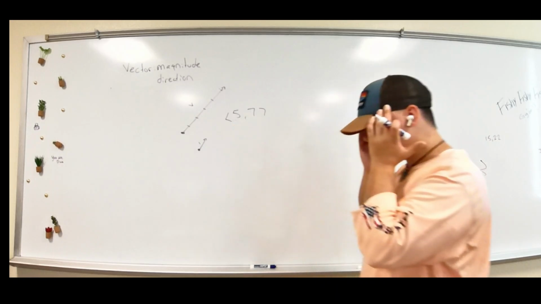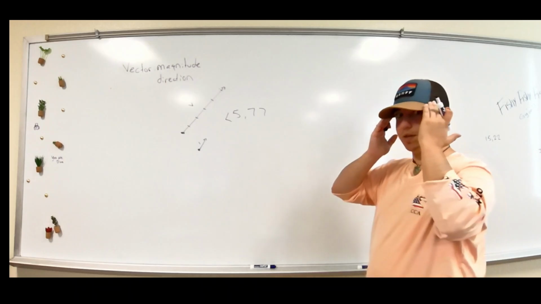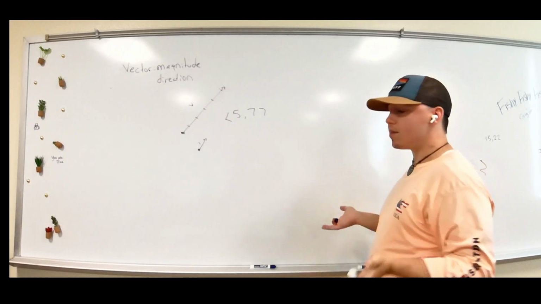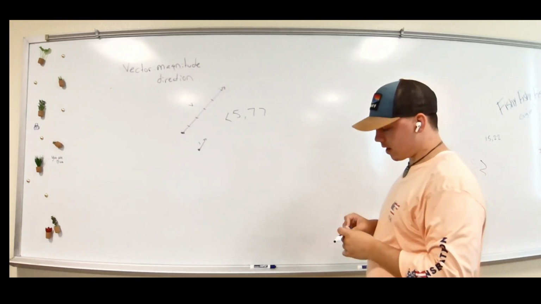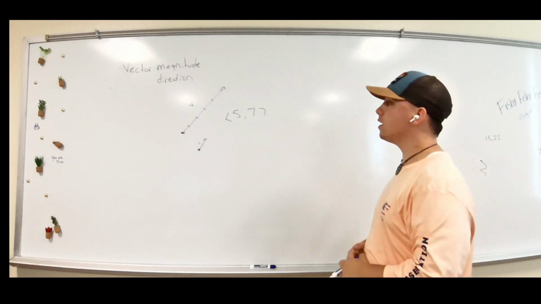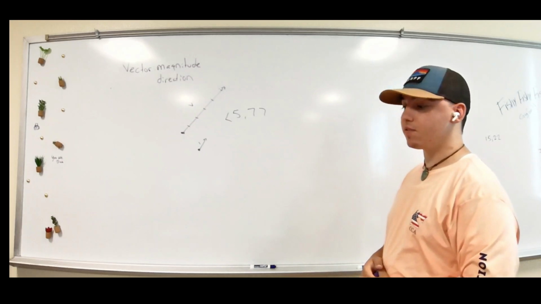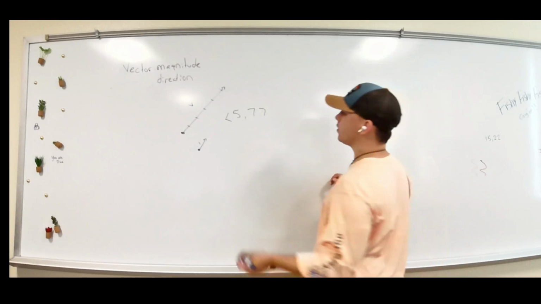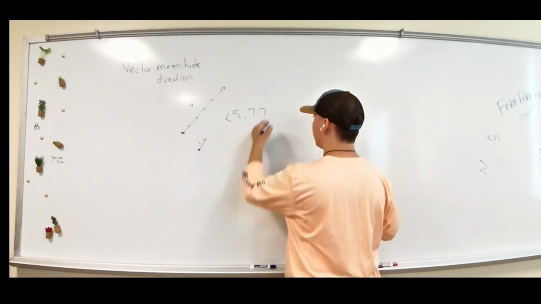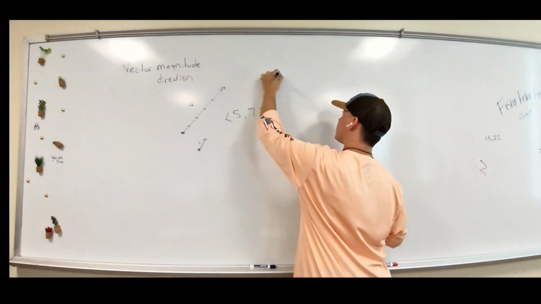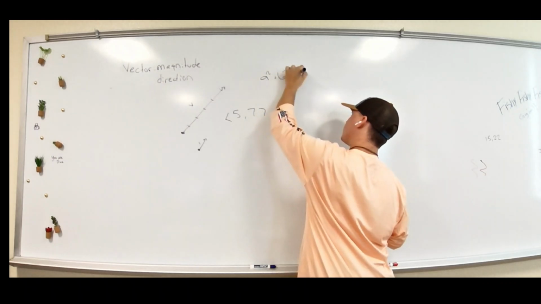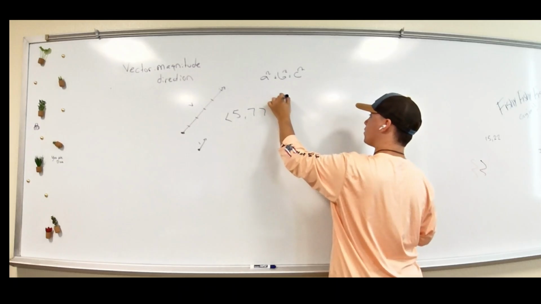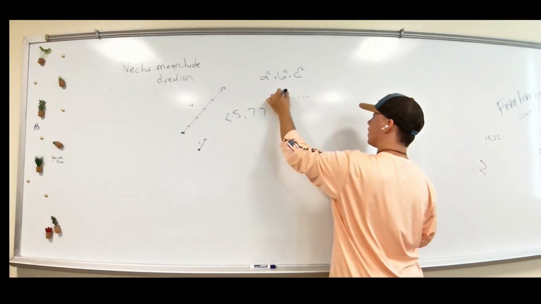To figure out the unit vector, we have to figure out its magnitude. I don't think we've talked about this before, but we're going to talk about it right now. How do you find the magnitude of your vector? Actually, I did mention it once. The way you do it is just the Pythagorean theorem. It's just finding the distance between 2 points, as if the first point was 0, 0. Remember, the Pythagorean theorem is a squared plus b squared equals c squared. A vector has a starting point, goes to the side, and goes up.